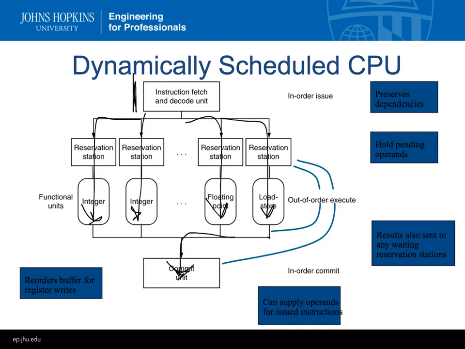And then if I need something from this result, I can, a little arrowhead got lost, but there's supposed to be a little arrowhead there. So if I'm doing a load and I need something from that, I can send it back to here, or if I have a load and it needed to go to this, an R type, it could go back there. So these hold operations that are pending, and results are held here, and then committed in order.